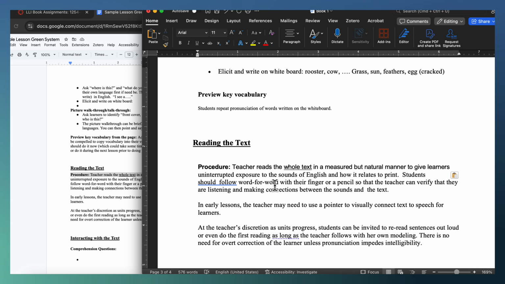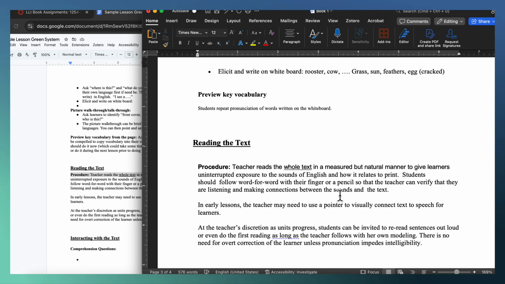Students should follow word for word with their finger or a pencil. I actually find the eraser of a pencil works, just some kind of stylus or something, because otherwise they mark up the book with their pencils. Not great.